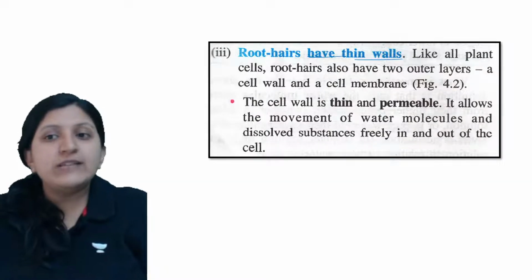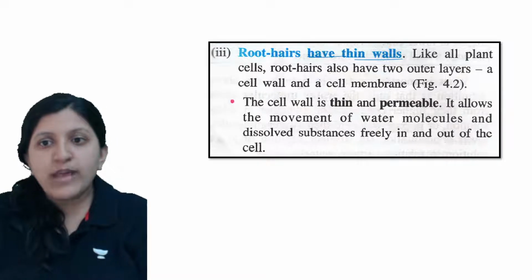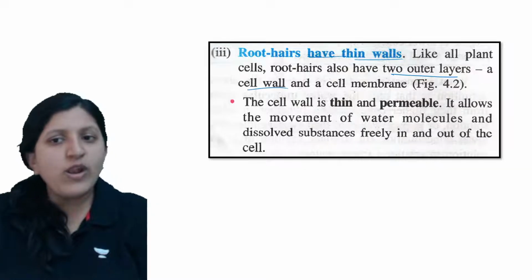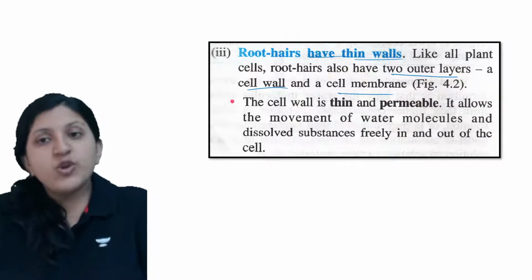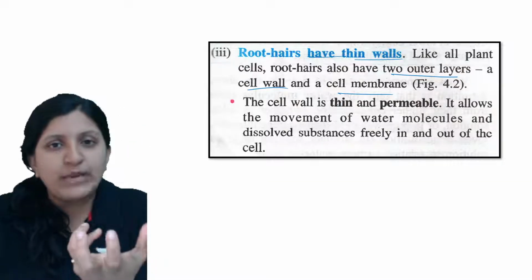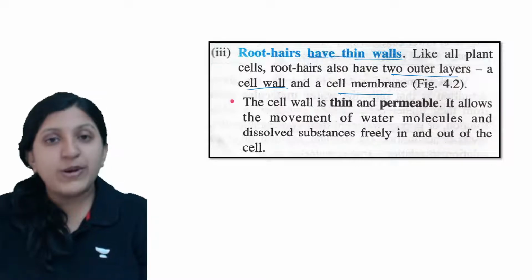So what exactly is the reason for this? Like all plant cells, root hairs also have two outer layers. One is the cell wall, and then there is a cell membrane. You know that the cell wall is rigid, so it provides a particular shape to the cell. The cell wall is thin and it is permeable.